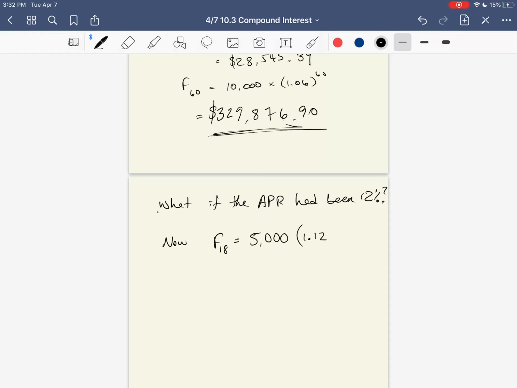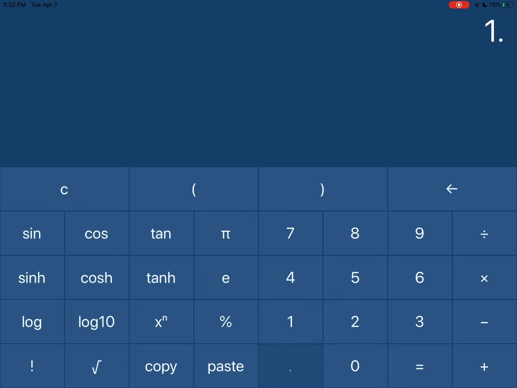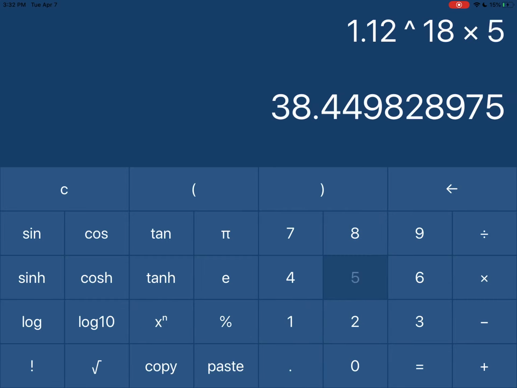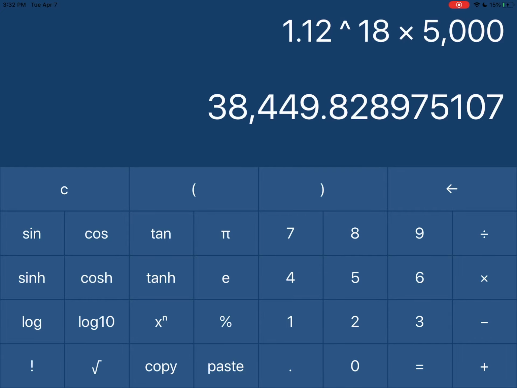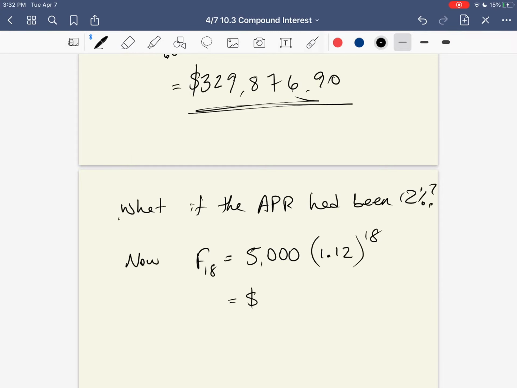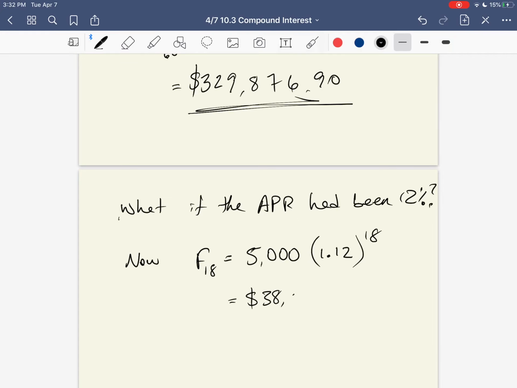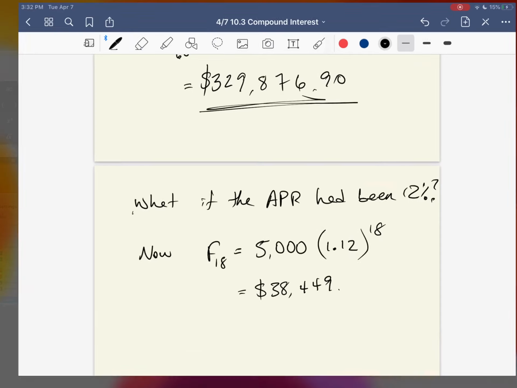Okay, I'm going to keep on repeating that because I know it takes a little bit to stick in one's head. Raised to the 18th. Let's see what that comes out to. Multiply that by 5,000. 38,449 and 83 cents.